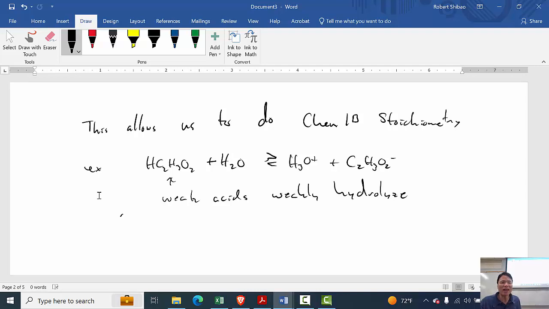So we use K for acetic acid hydrolysis, which is going to be a different number, to calculate.